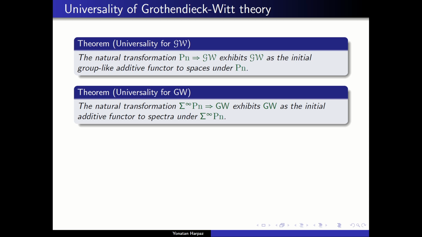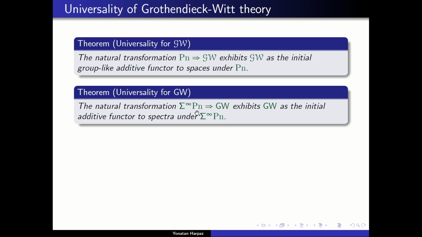And so we can consider the GW space as simply obtained from the raw invariant that sends a Poincaré infinity category to its space of Poincaré objects by forcing the condition of being group-like and additive. So it was already additive, and now we force it to be group-like and additive.